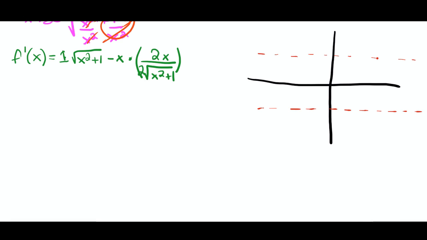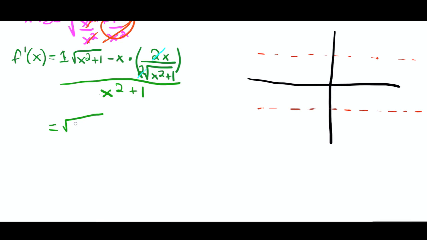And so these guys are going to cancel. And so what we get is, oh, and all this is over the denominator squared, so x squared plus 1.